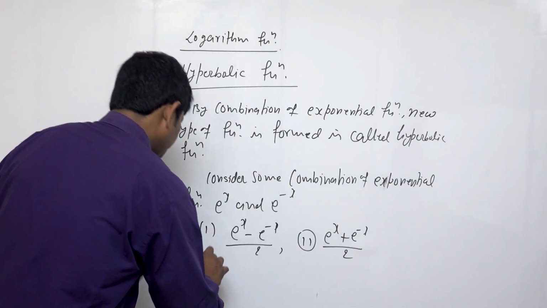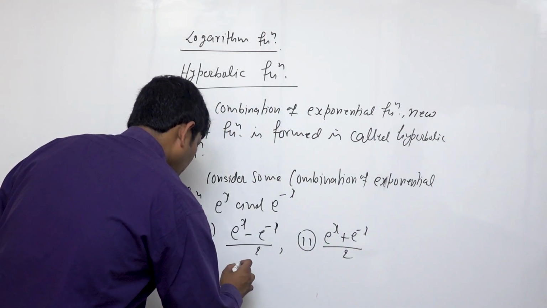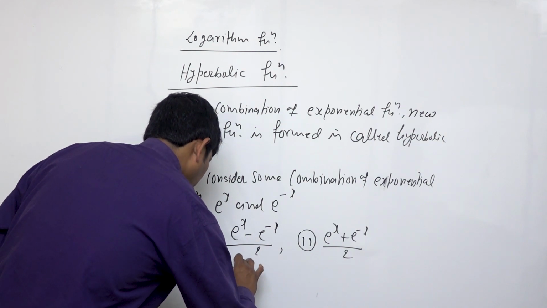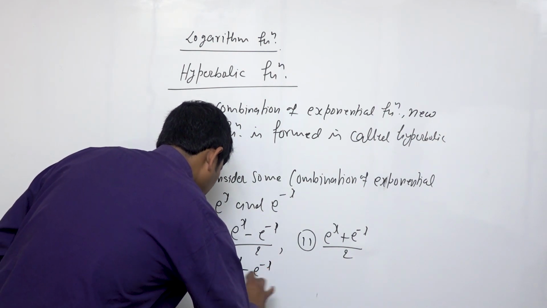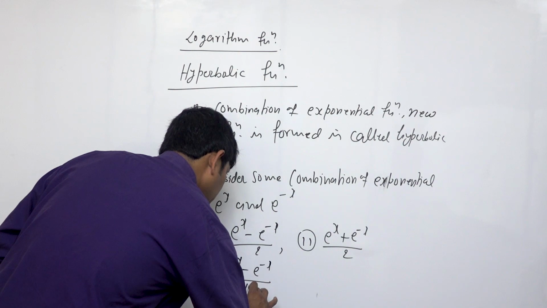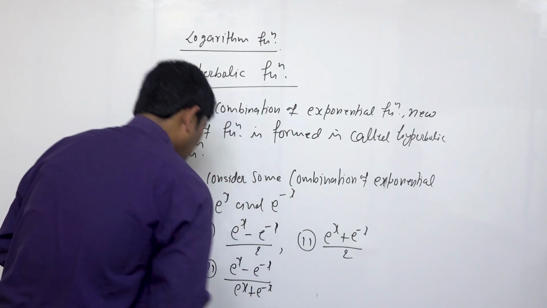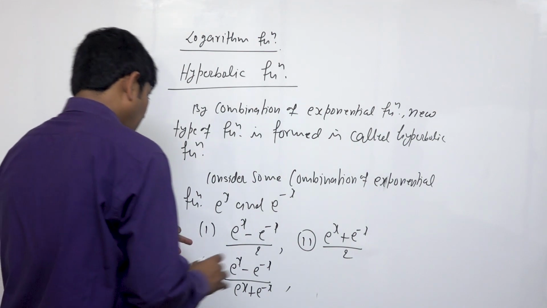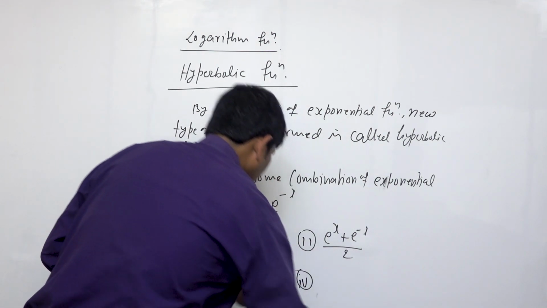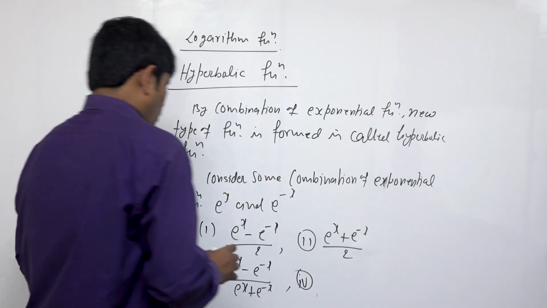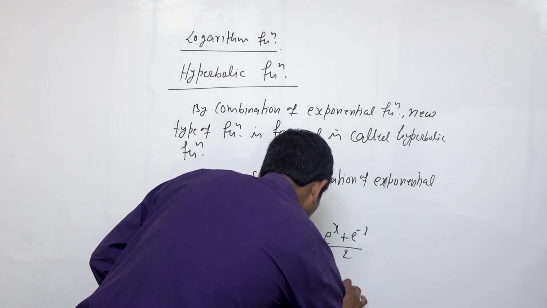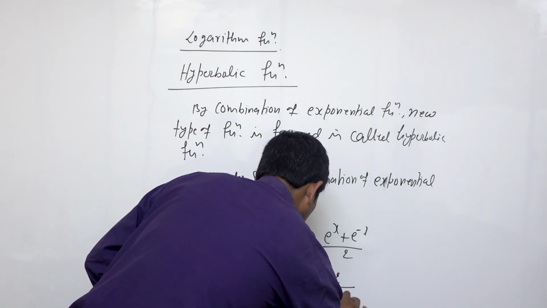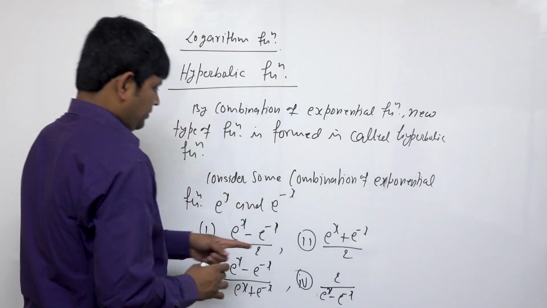Another type is e^x plus e^(-x) over 2. Another type is e^x minus e^(-x) over e^x plus e^(-x). Another type is 2 over e^x minus e^(-x).